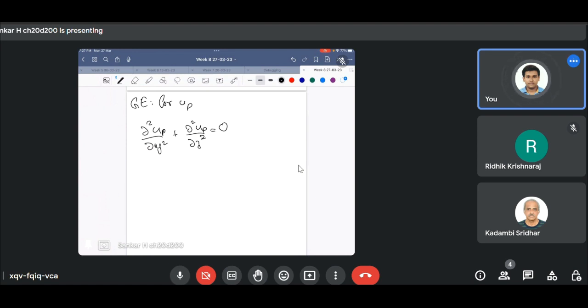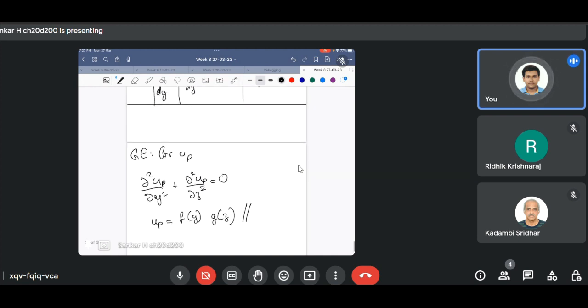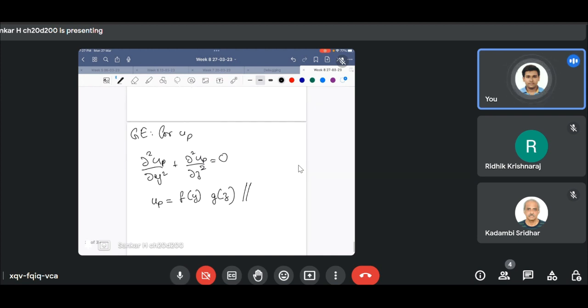We have to re-represent this particular solution u as the product of two functions, let's say f and g, wherein f is only a function of y and g is only a function of z. This procedure, if I say the name, you would be able to familiarize yourself with it, is called separation of variables.